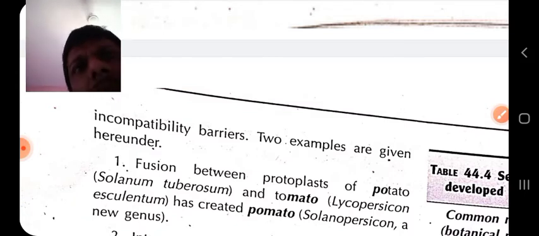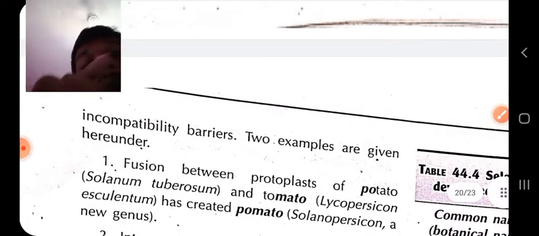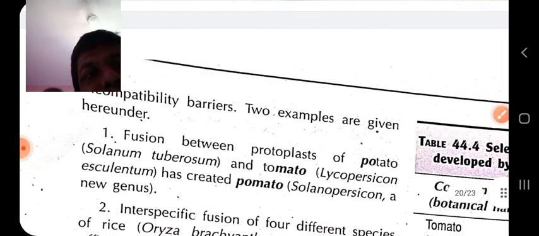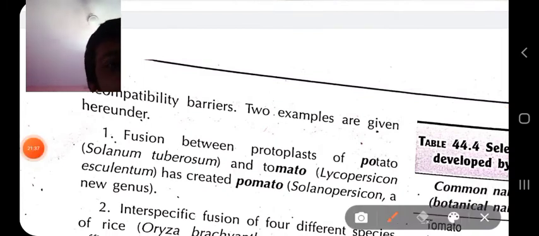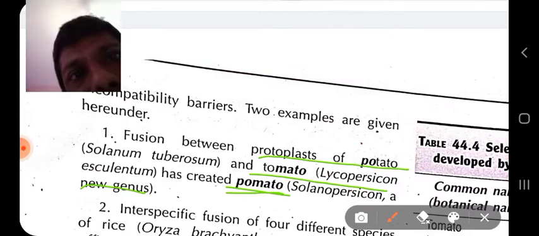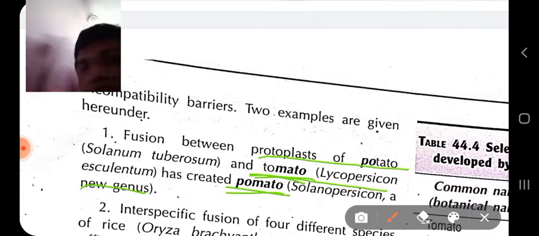One example, I think I have said a little bit, is pomato. Fusion between the protoplasts of potato and tomato created pomato, which is a new genus. Potato is a distinct species, tomato is another distinct species, both not closely related.